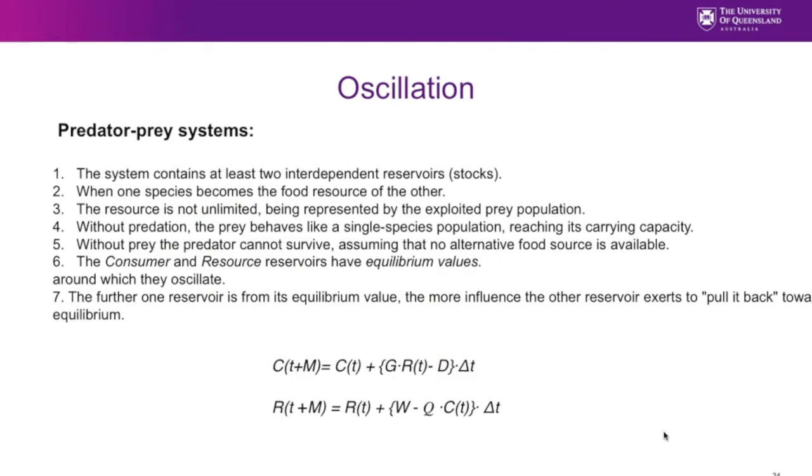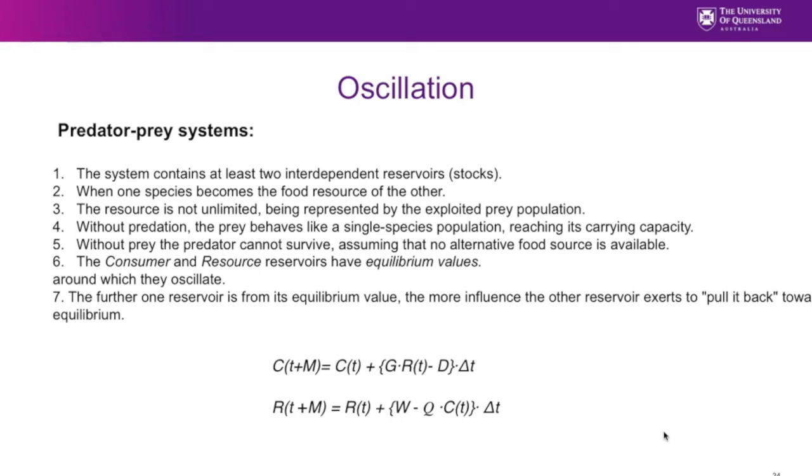So the basic characteristics of predator-prey systems are: the system contains at least 2 independent reservoirs or stocks. One species becomes the food resource of the other, but this is only for populations. It can also be this behavior depending on one stock over the other stock that is not necessarily a food.